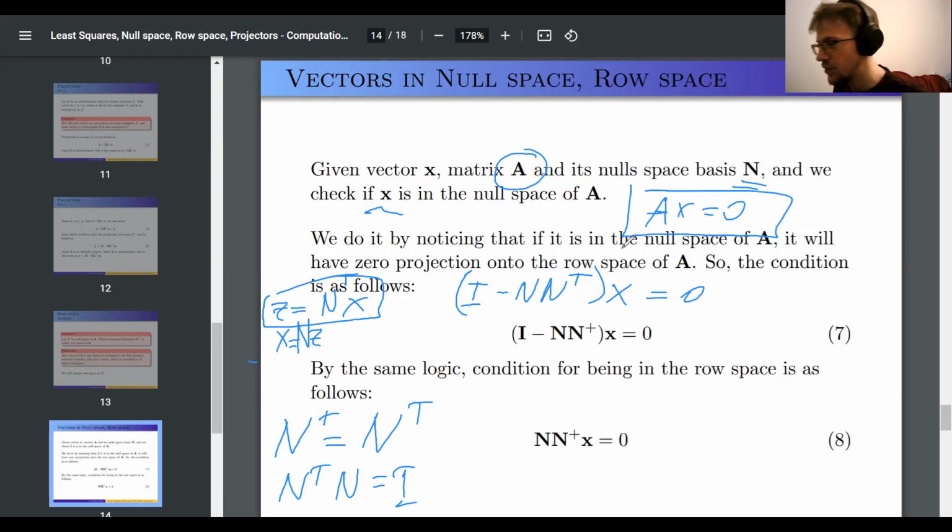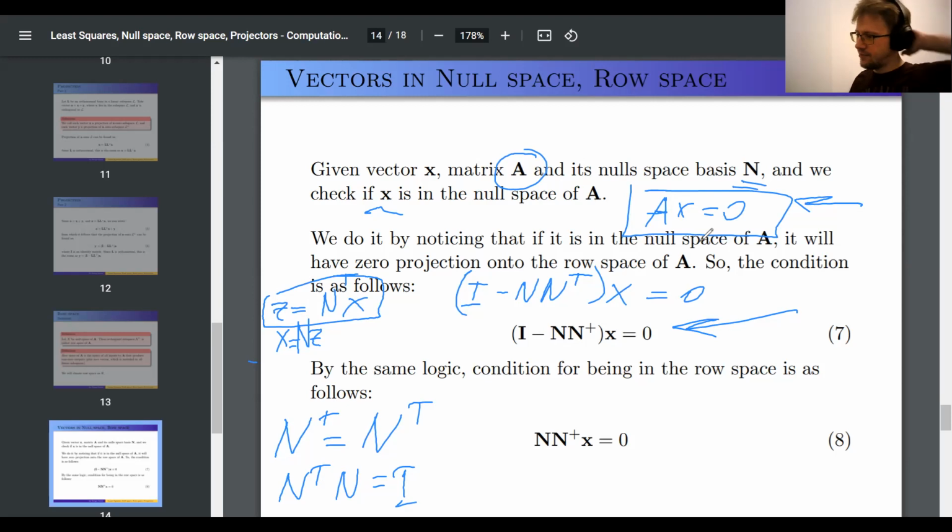So anyway, in which case would you want to write expression 7 instead of this expression? In which case would you prefer to use this instead of this? When you have the basis instead of the matrix A. Yeah, let's say you have both. Then when? If the basis is much smaller than A, yes, indeed, absolutely correct.